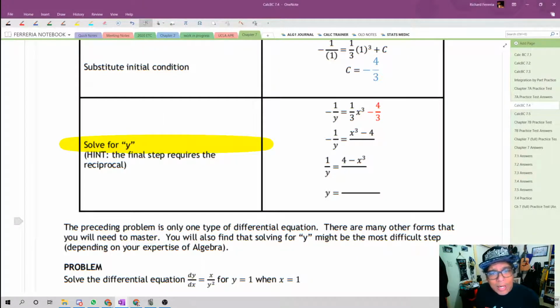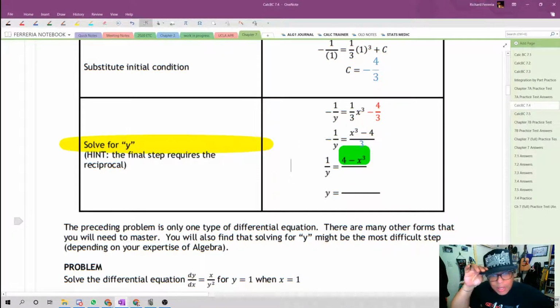On the right side, we're going to put everything to a common denominator, and that's not that big a deal because this first term, 1/3 x cubed, can be rewritten as x cubed over 3, and then we already have minus 4/3, so that's just going to look like x cubed minus 4 over 3. The next step is to multiply both sides by negative 1. Notice the effect on the numerator.